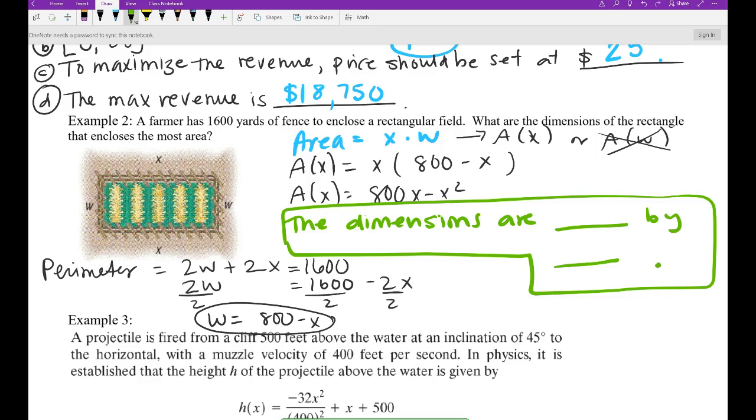What's the smallest domain? 0. Very good. What's the largest domain? 800. Couldn't I just set the area equal to 0? Right? What happens when you set the area equal to 0? Then I don't have an answer, but that's okay because I'm really looking for the extreme part of it, right?